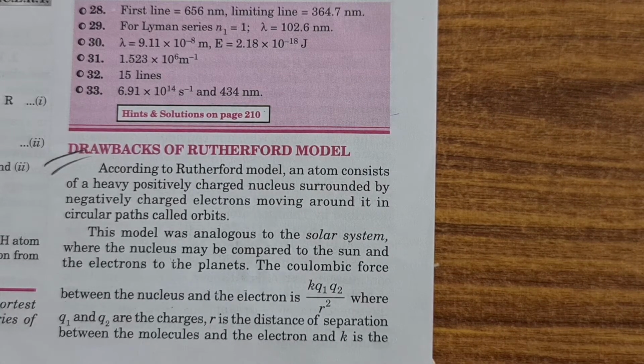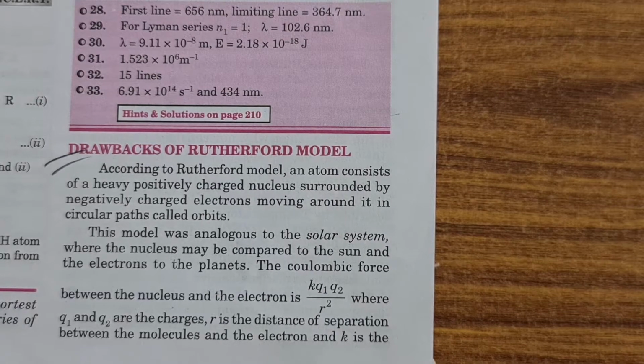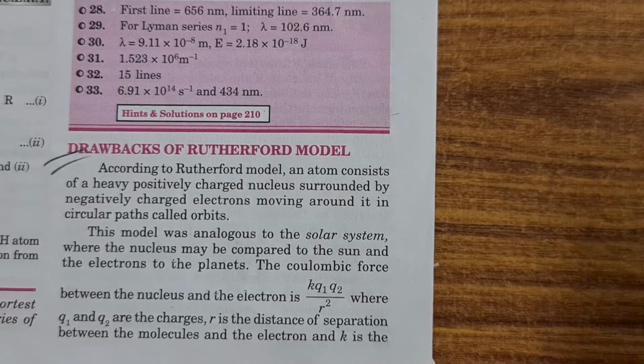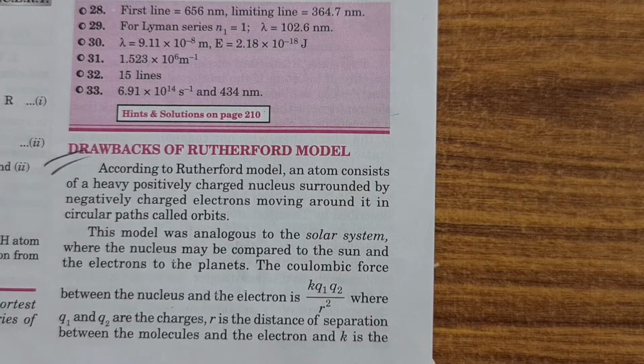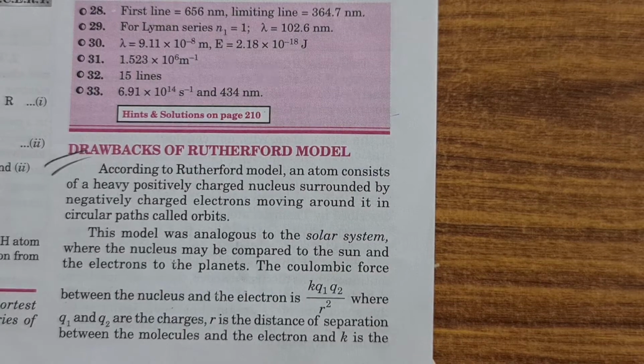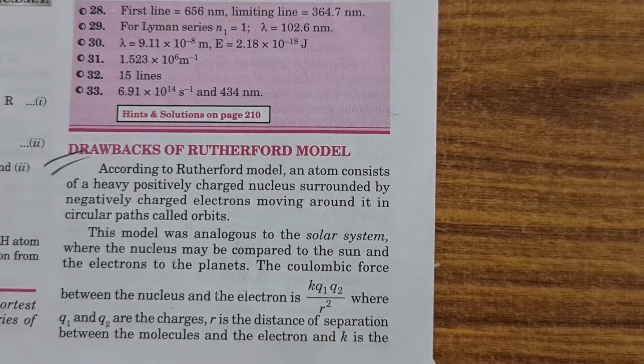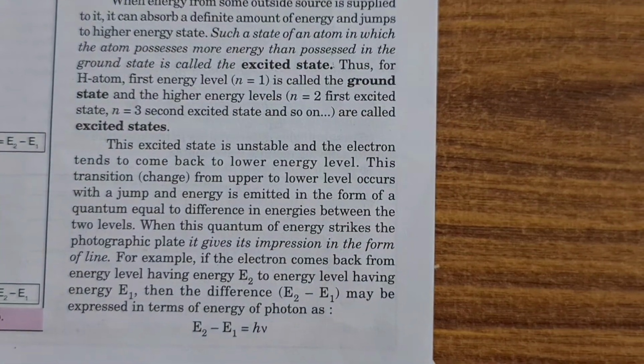So finally, according to him, in 10 raised to the power minus 8 seconds, every electron which is revolving around the nucleus must lose energy and finally fall into the nucleus. But nothing happened like that. Even now, the atom is stable. So the Rutherford model of atom was unable to explain the stability of an atom.